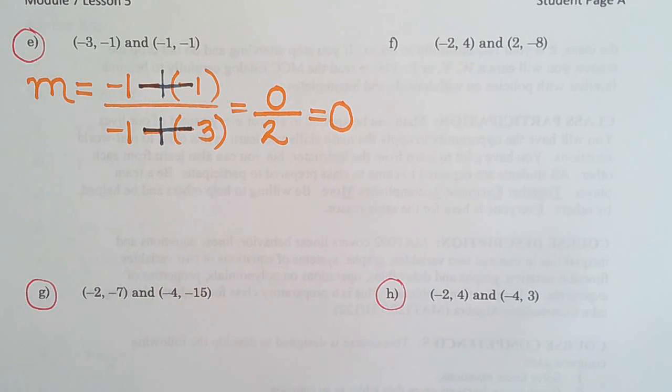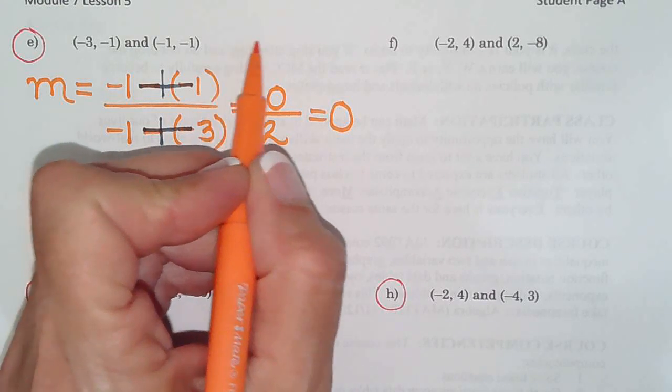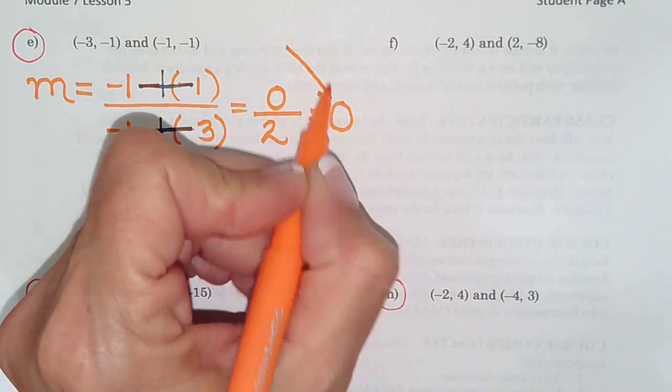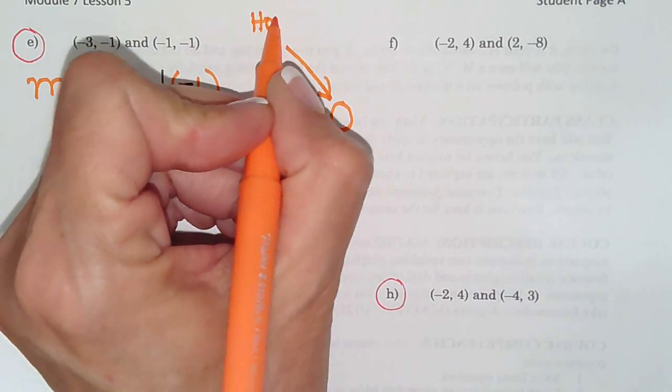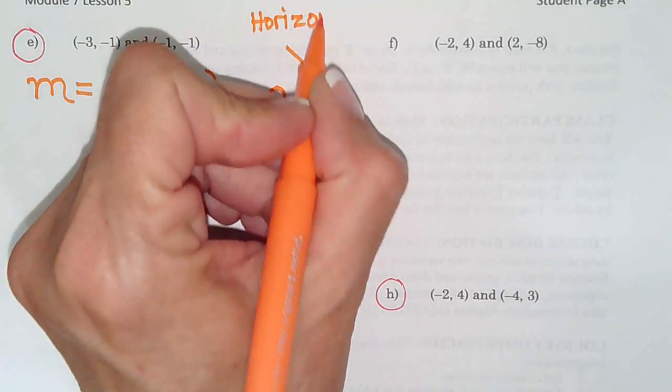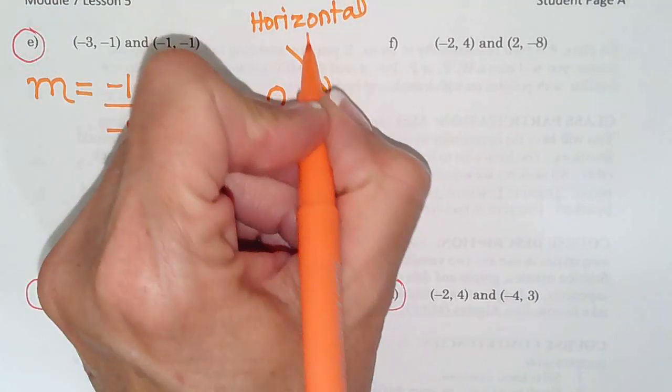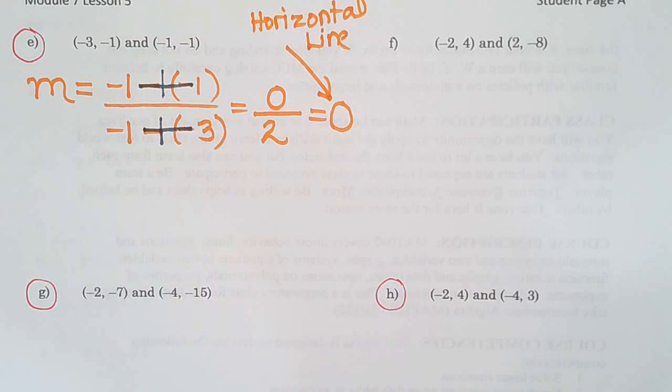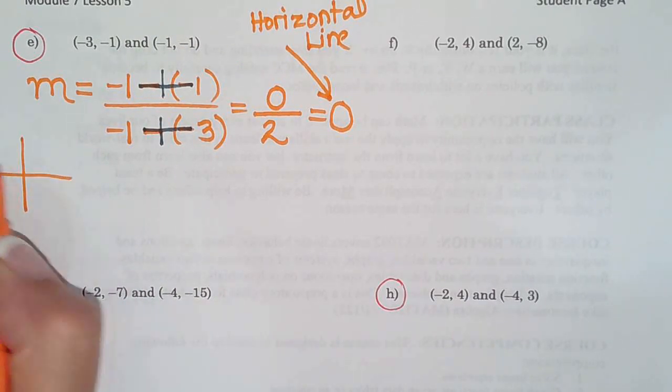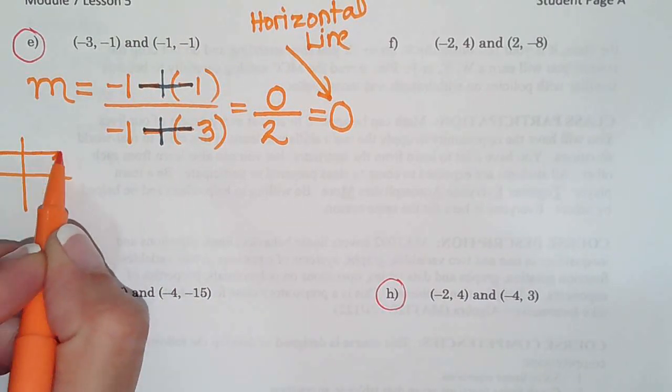So that makes this what kind of line? Zero slope. So isn't this a horizontal line? And remember how horizontal lines only go through the y-axis?